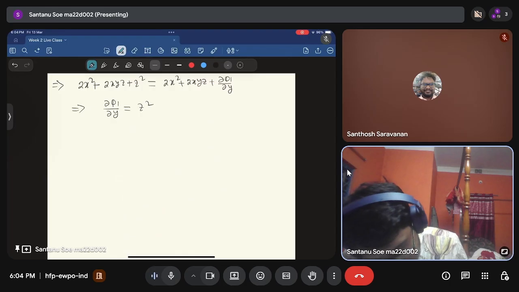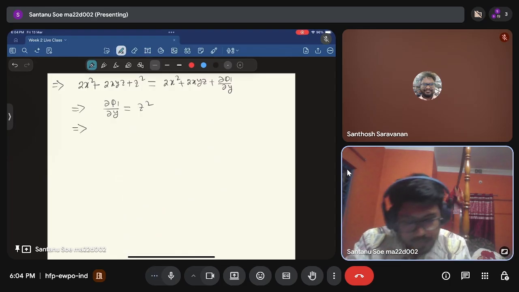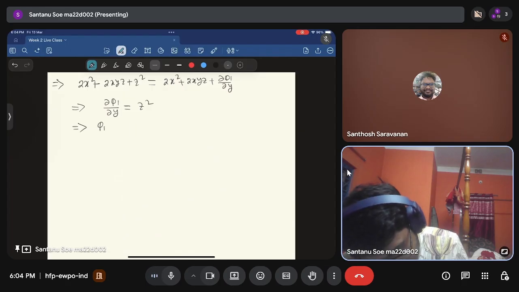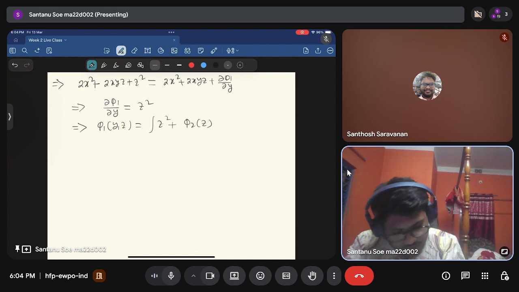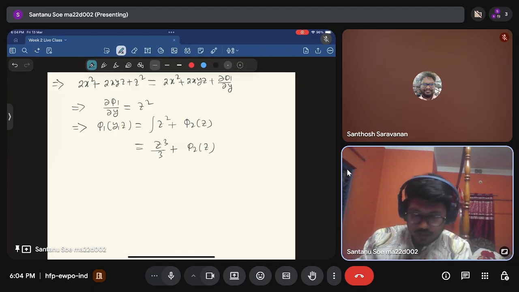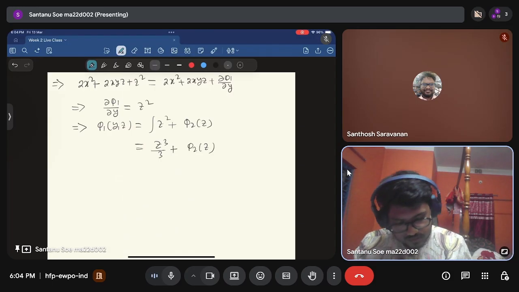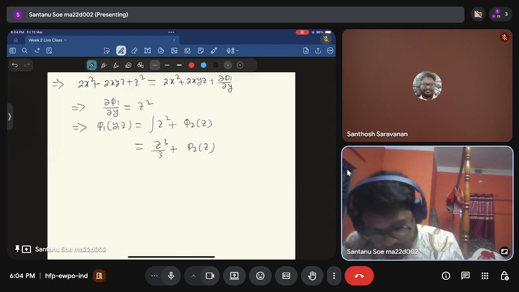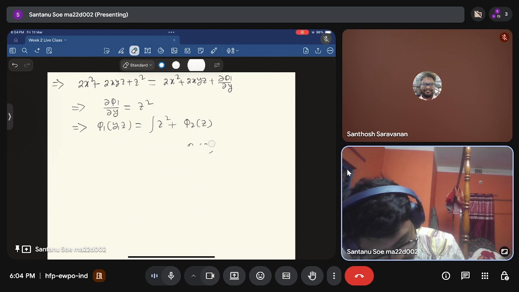Okay. So now again we can do the integration with respect to y. So in this case phi 1 of y, z is going to be the integral of z square, plus phi 2 of z. Okay. So we are doing it with respect to the variable y.